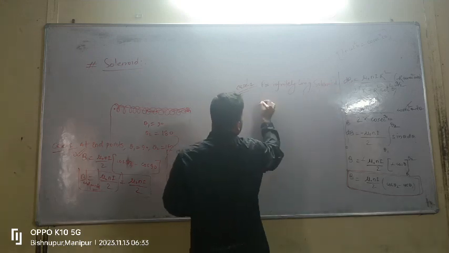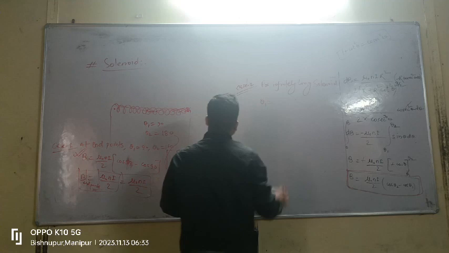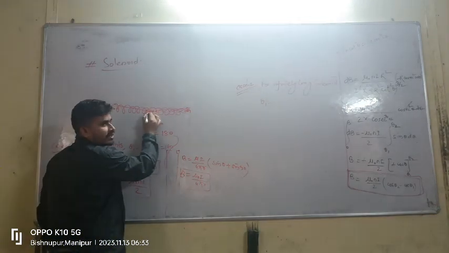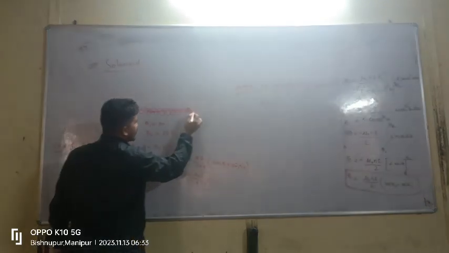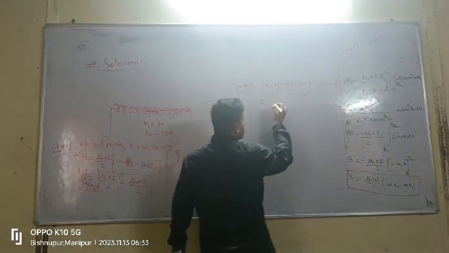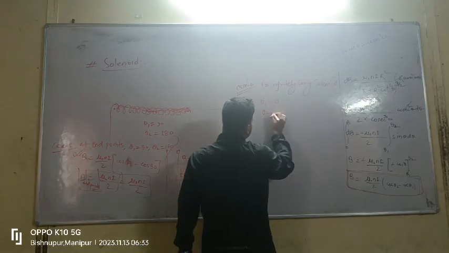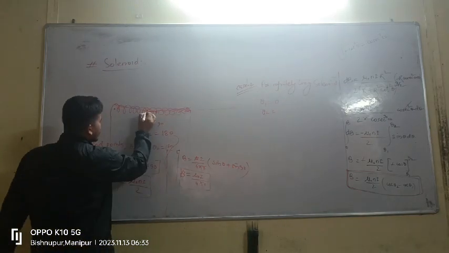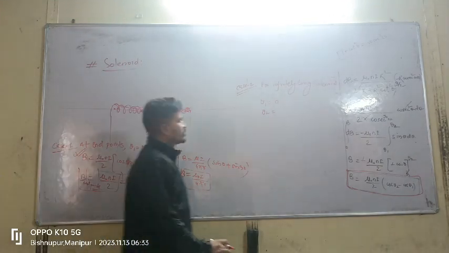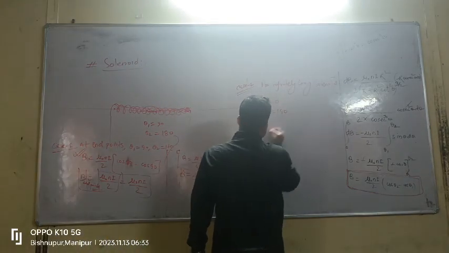Theta 1 equal to, if it is of infinite length and I want to calculate it here, is it approximately 0? Theta 1 is 0. What about theta 2? It is infinity also. Is it 180? Yes, it is 180.